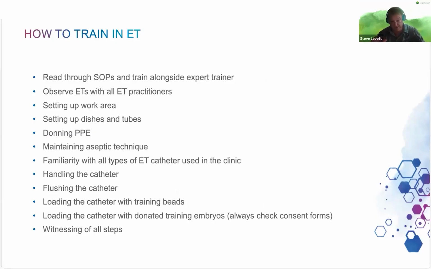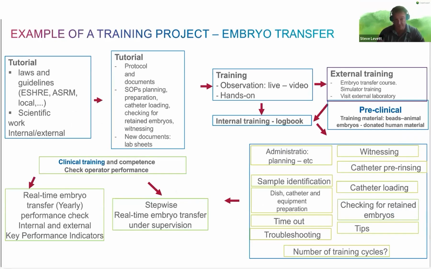So you read this later, but you're going to follow a protocol that's going to do observation, how you're going to set up, doing dummy procedures, and then moving to clinical steps at the end. And then there's what looks a very complicated flow diagram, but in fact is relatively straightforward, and it follows that same pattern.